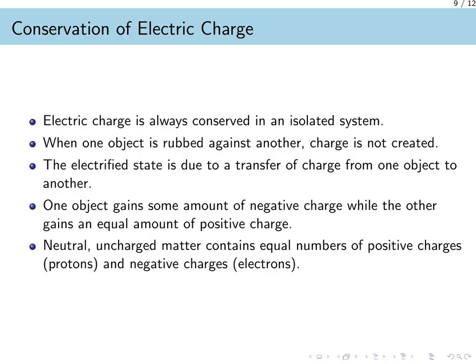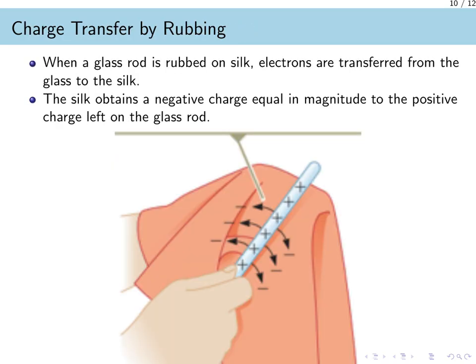negative charges, the electrons. This diagram provides a clear visual representation of charge transfer by rubbing. As we can see, when a glass rod is rubbed on a piece of silk cloth, the physical interaction causes electrons to be transferred directly from the glass material to the silk. Because electrons inherently carry a negative charge, their movement means the silk cloth obtains a net negative charge.